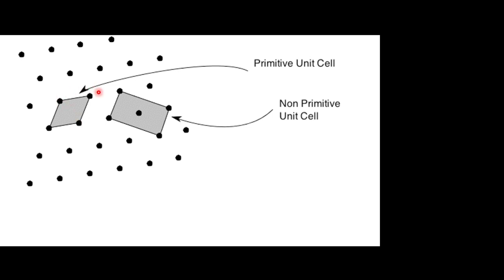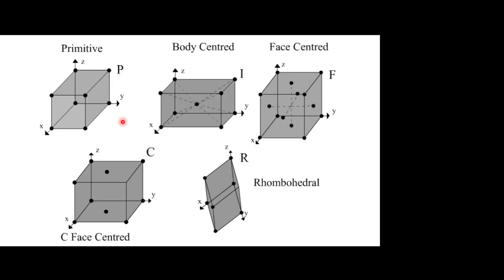So the atoms or ions or whatever we're using as our building blocks are centered on the vertices, and that's the only place they're centered. For three dimensions, this is what a primitive cell would look like. See how all the vertices are defined by our atoms there? And that is primitive because we have more complex structures that could be possible.